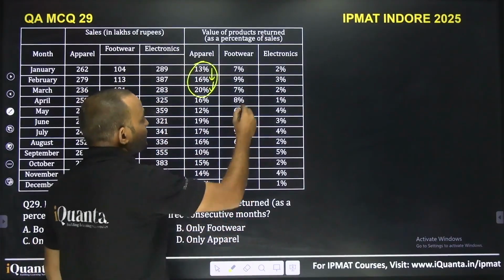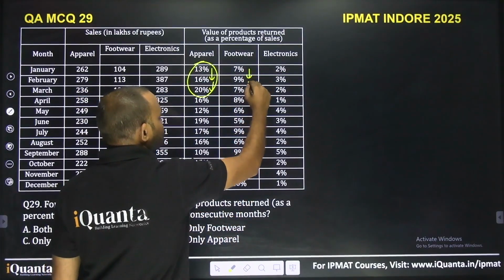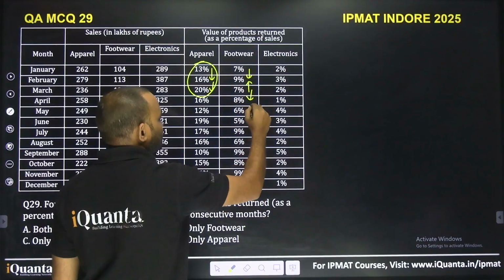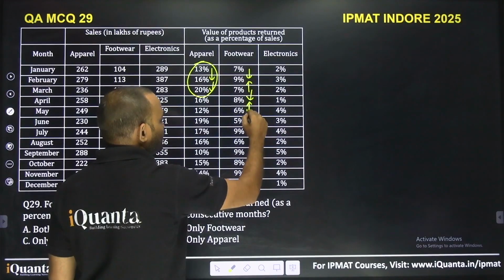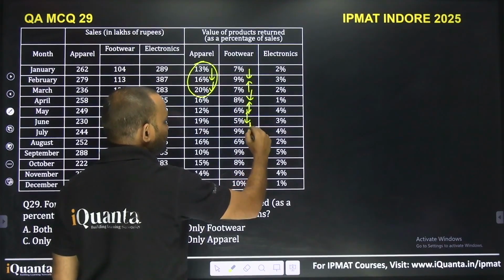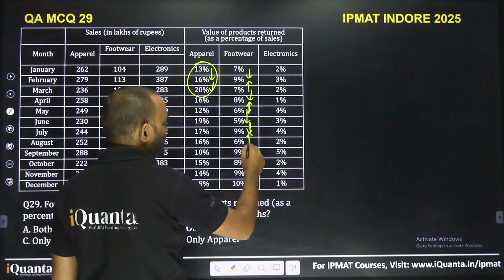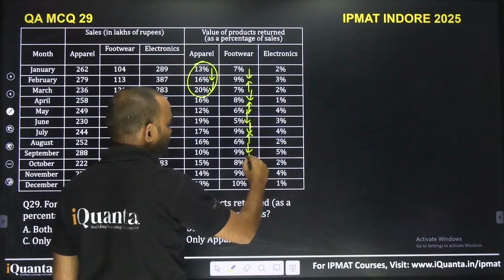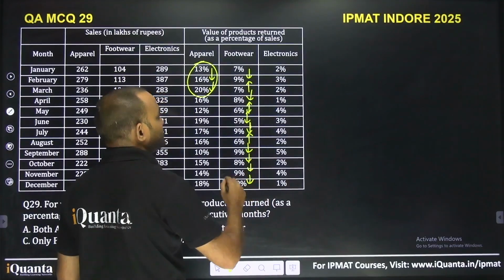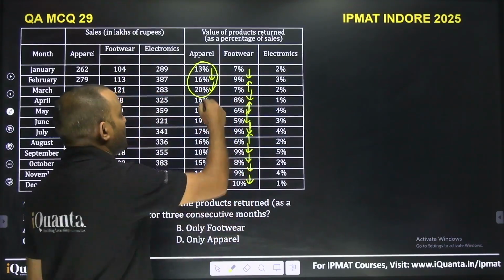In case of footwear, it's increasing, but then it's decreasing. Increasing, then decreasing, right? Then again decreasing, increasing, and then again decreasing, and increasing. So yes, footwear is also applicable here.